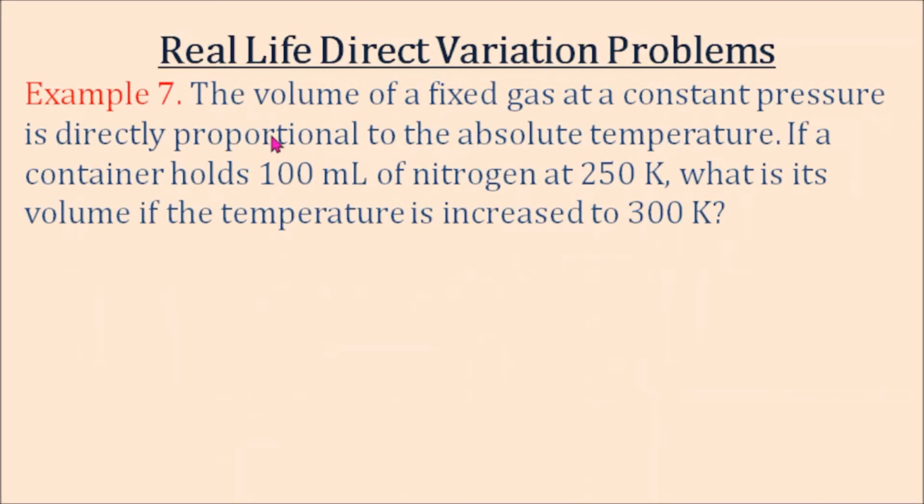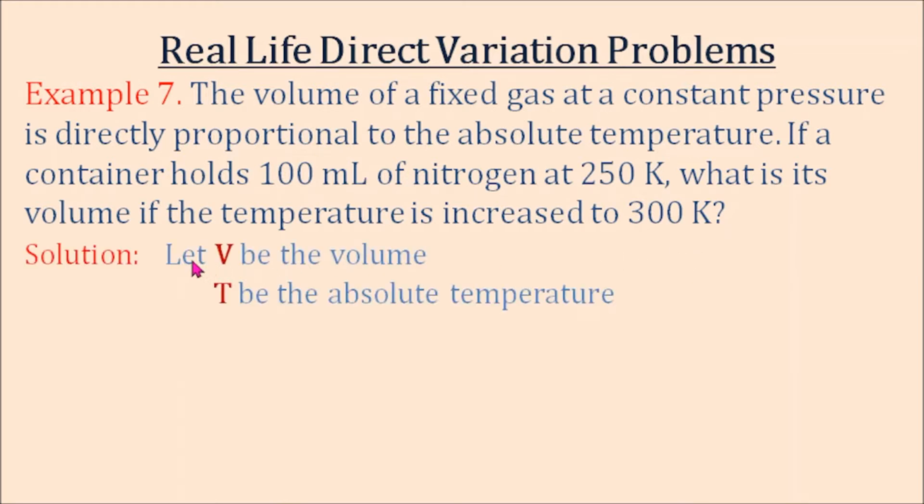Example number 7. The volume of a fixed gas at a constant pressure is directly proportional to the absolute temperature. If a container holds 100 milliliter of nitrogen at 250 Kelvin, what is its volume if the temperature is increased to 300 Kelvin?